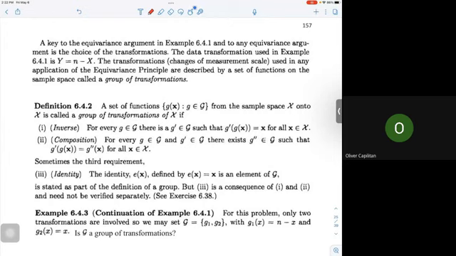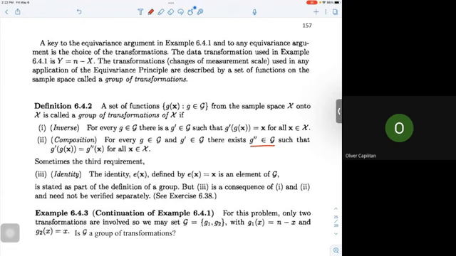Secondly, the composition: for every g an element of script G and g prime an element of script G, there exists a g double prime, still an element of script G, such that the composition g prime of g of x is equal to g double prime of x for all sample points x in our sample space script X. And then we have the last requirement, the identity.